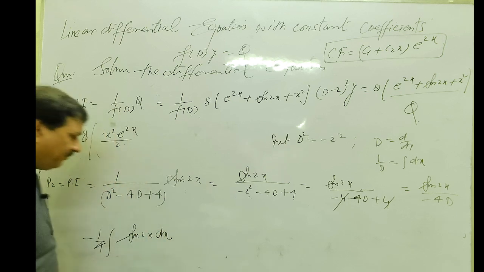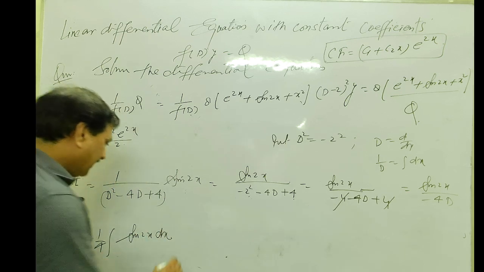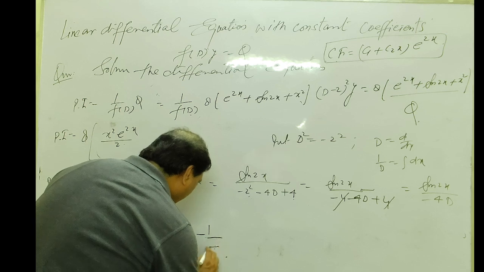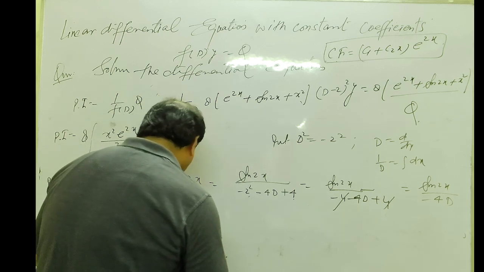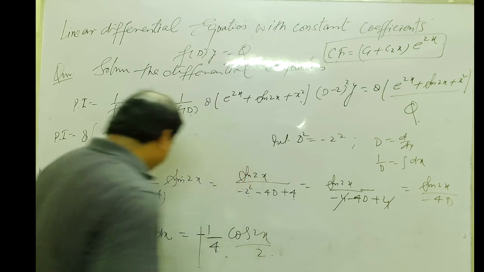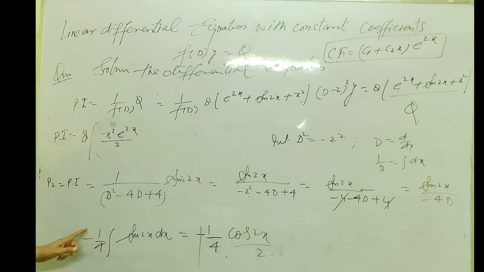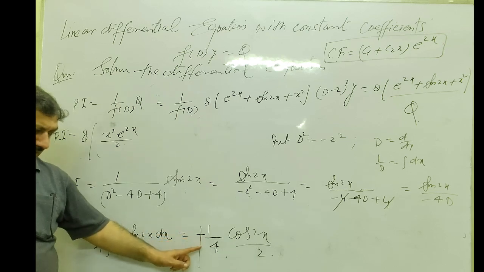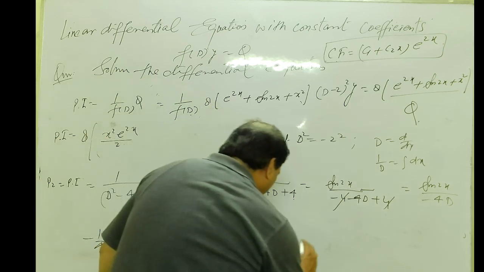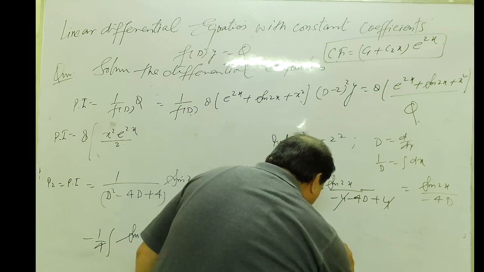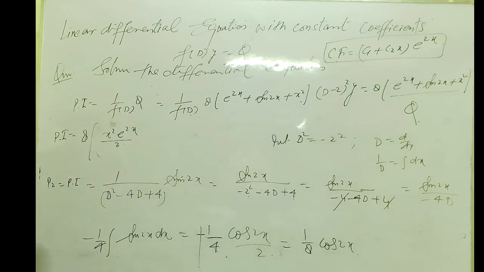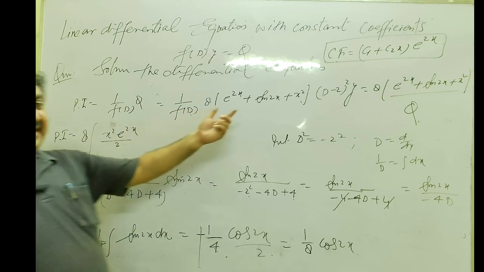The integration of sine is minus cos, so minus 1 by 4 times plus cos 2x upon 2. Minus times minus is plus, and finally we get 1 by 8 cos 2x. This is the answer, the particular integral P2 in the case of the trigonometric function sine 2x.